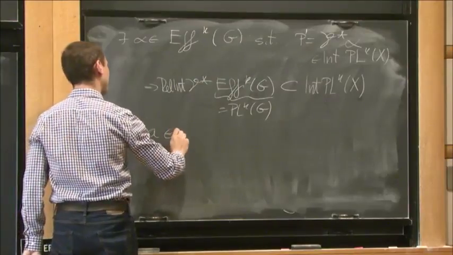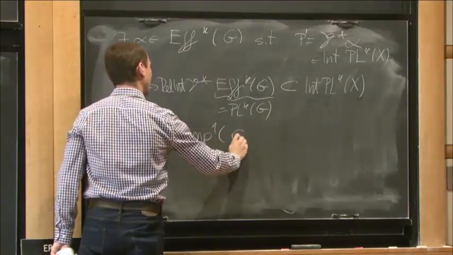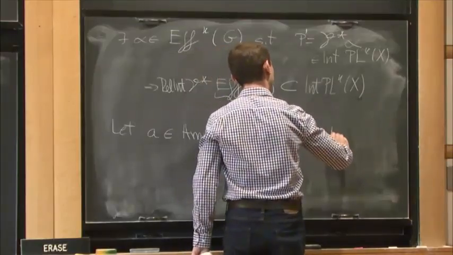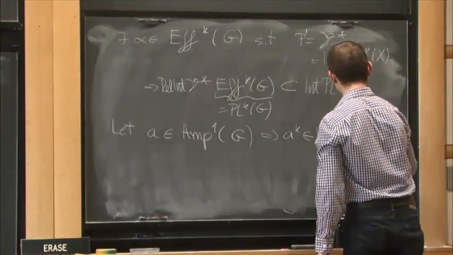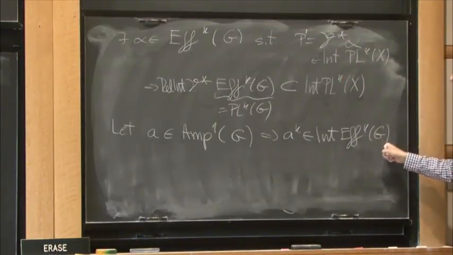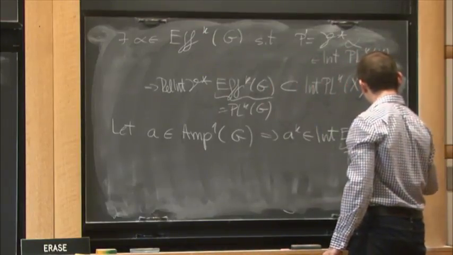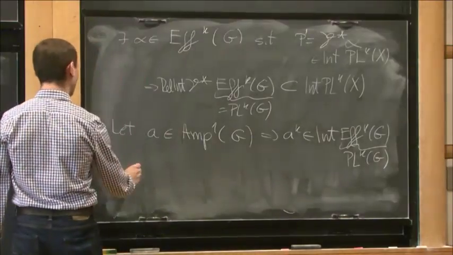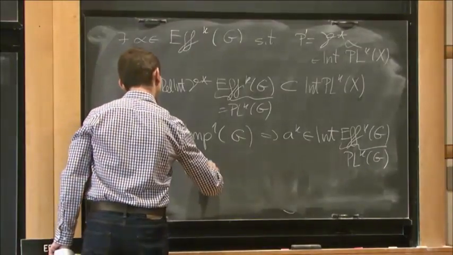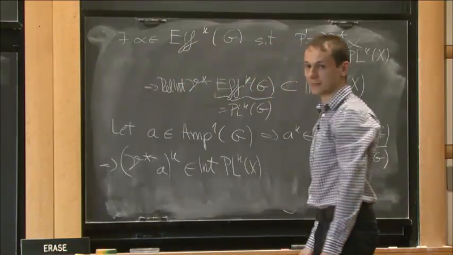So let A be in amp 1 of G. Then A to the K belongs to the interior of the pseudoeffective cone of G. But in this case, this coincides with the Pliant cone of G. So then we get that the pullback of A to the power K belongs to the interior of the Pliant cone of X. Okay, so now we're in pretty good shape.